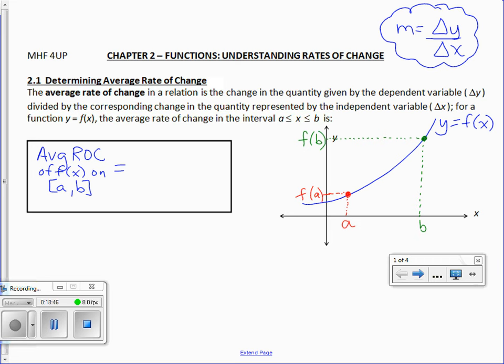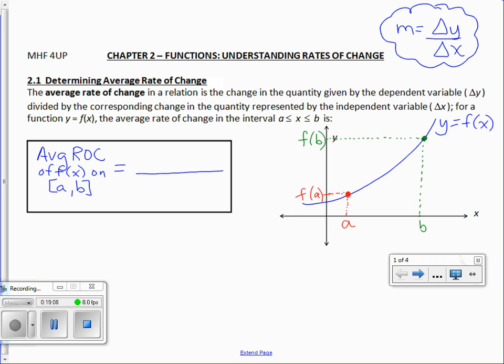So the average rate of change of f at x on the closed interval AB is, how would you find the change in y here? You would do what calculation? I want to know how far apart the y's are. I would do y2 minus y1.